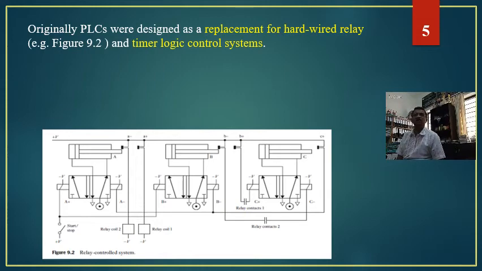These two relays are used to switch over from cylinder A to cylinder B, or cylinder B to cylinder C. A relay based system normally looks something like this. But as I already mentioned, relay based systems have their own problems. First, because they are hardwired, that is one of the biggest hurdles. That is why PLCs were used in place of relays. That made industrial automation much easier.